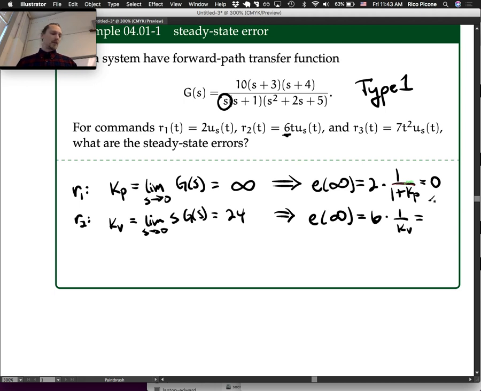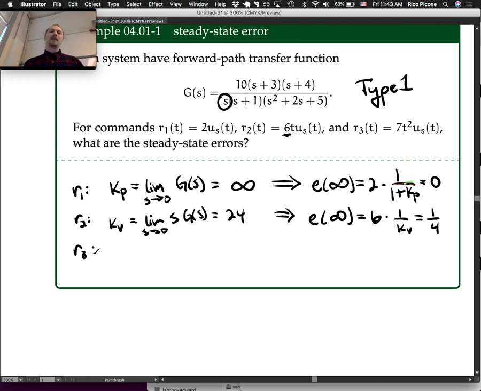So this comes out to be 1 over 4, right? Cool.